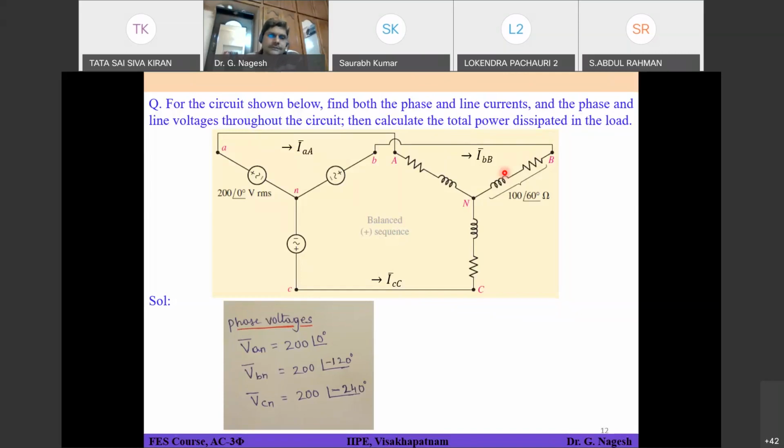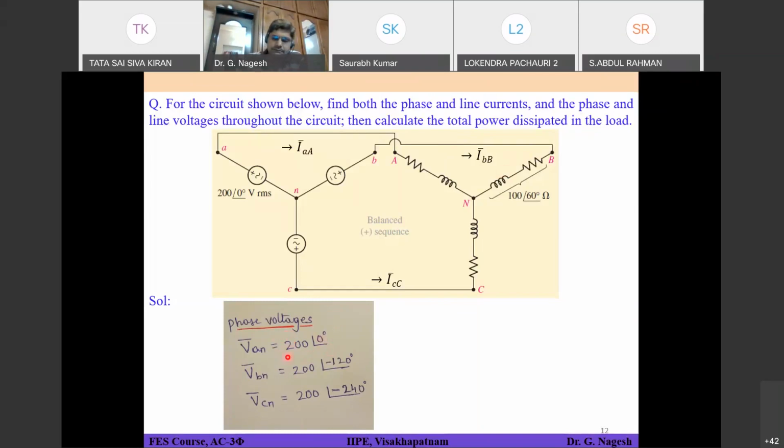Since it is a balanced system, VAN 200 at an angle of 0 degrees is already given. So VBN will have phase angle minus 120, and for VCN it will be minus 240, and the RMS value remains the same. Line voltage should be 30 degrees leading with respect to the corresponding phase voltage, and magnitude should be root 3 times more.